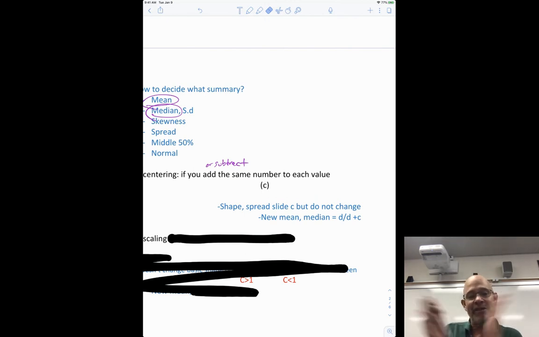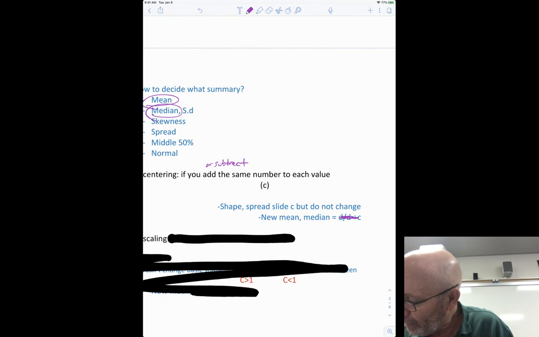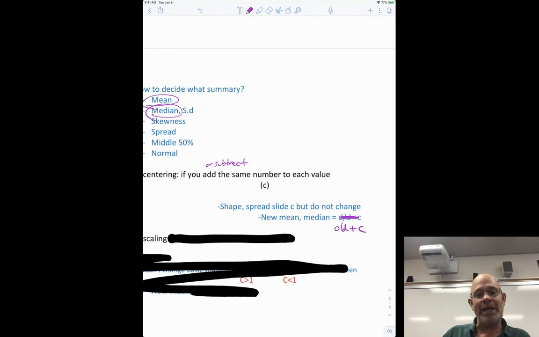So all that spread doesn't change. The only thing that changes is the new mean and the new median. The new mean will be the old mean plus C, or minus, and the new median would be the old median plus C. Everything else stays the same.